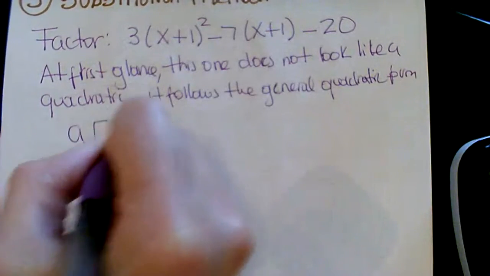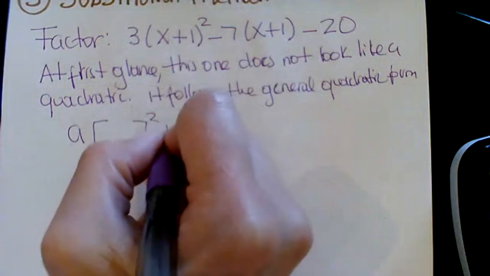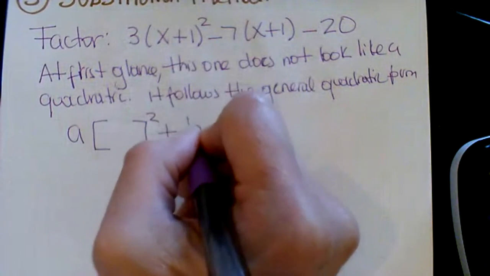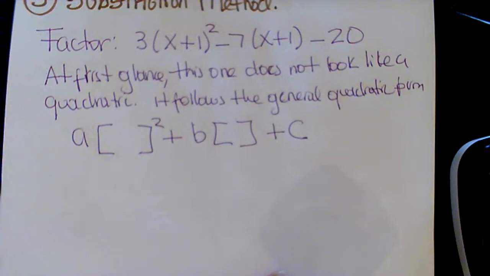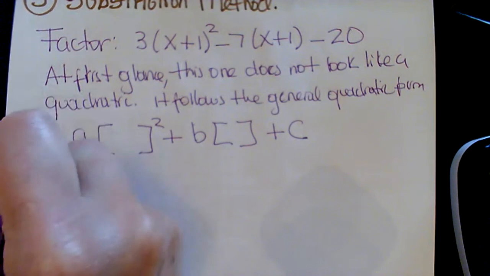A is something squared plus B plus C. You guys see that? So instead of writing x plus 1, we could write a letter instead of that.